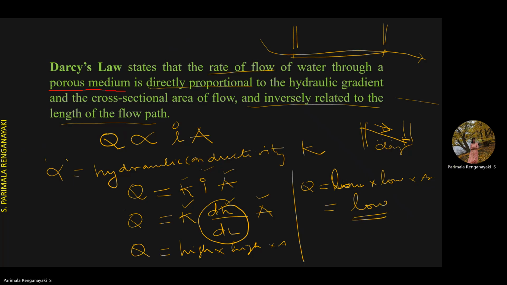The movement of water through the porous medium depends upon the hydraulic conductivity, whether it is clay through which it is passing or sand. And I is nothing but the slope, normal or deeper steepness. That also matters whenever we study groundwater movement. That is the meaning of this definition.